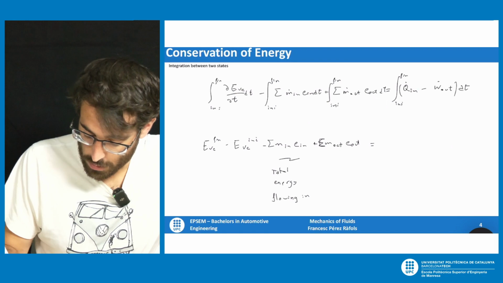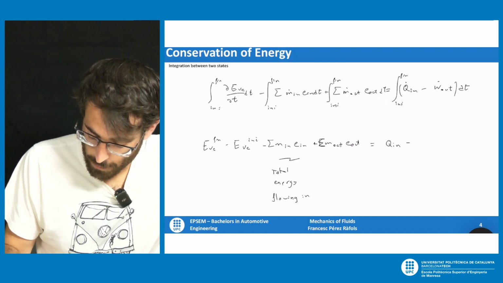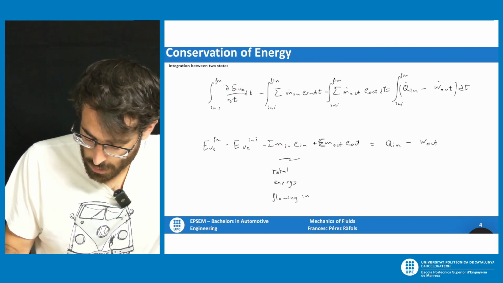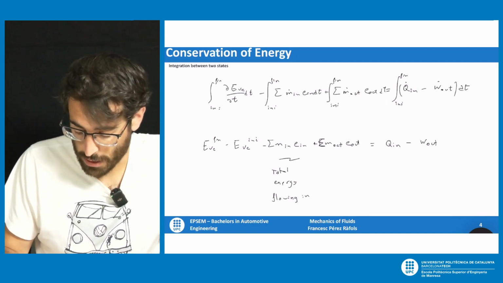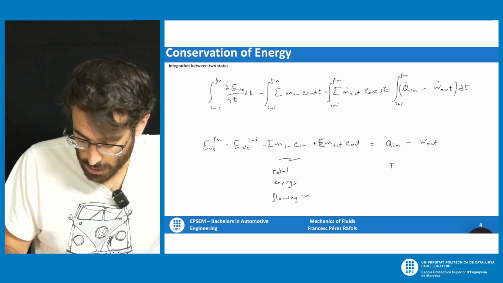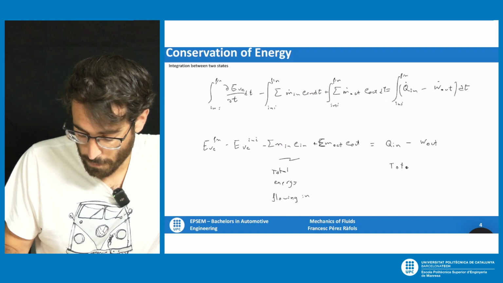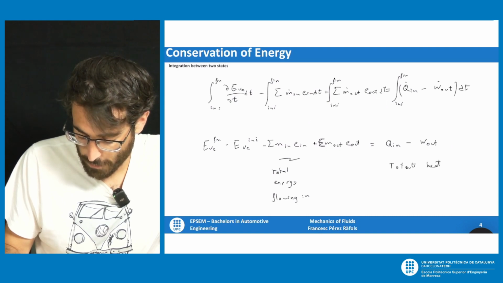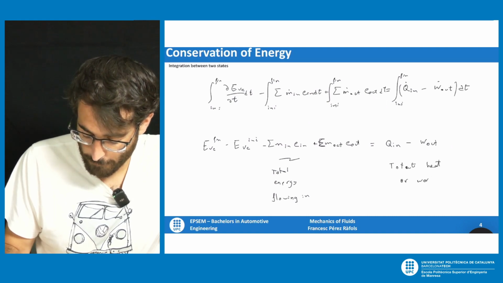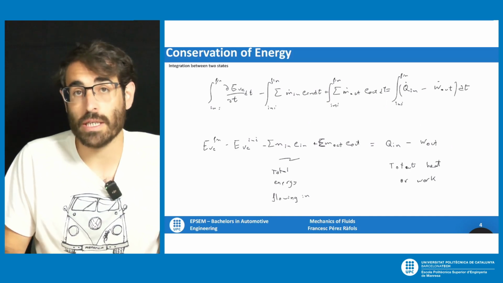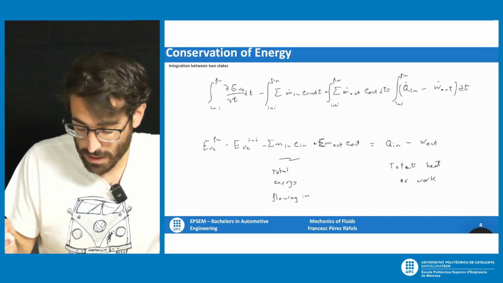And then this is equal to Q in minus work out. And again, notice that I have removed the dots. So this is a total heat or work that has been exchanged between the initial and final states.